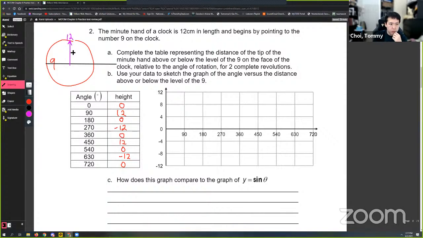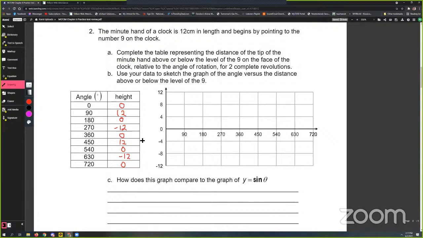That's 12 centimeters higher than this horizontal line. 180 degrees is 3 o'clock. It's on the line, as it should be, because 3 and 9 are on the same line. 270 degrees is 6 o'clock, which is 12 centimeters down. So it's negative 12. And then 360 degrees is a full circle, right? Which will give us back to 9 o'clock, which is 0. Okay, and that cycle will repeat. Thank you. No problem.